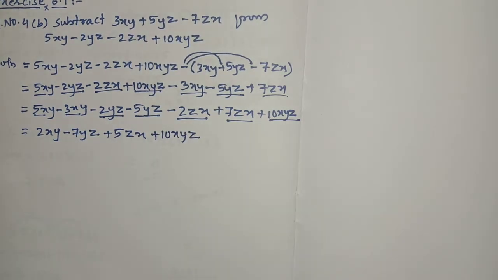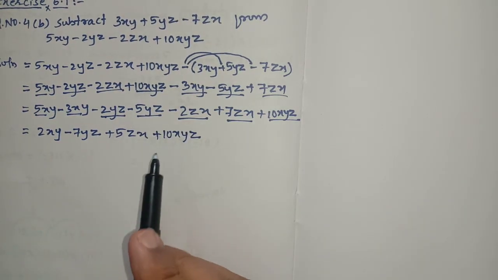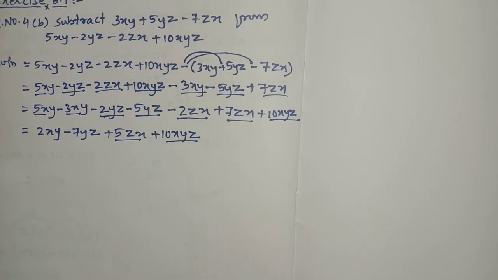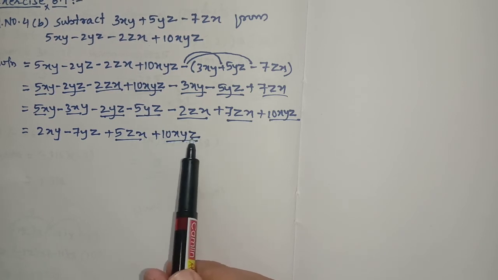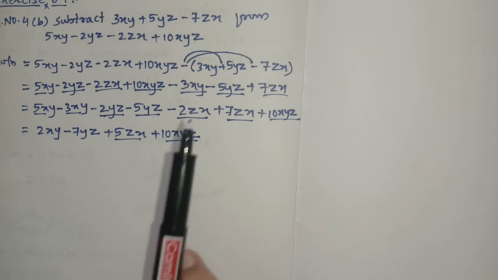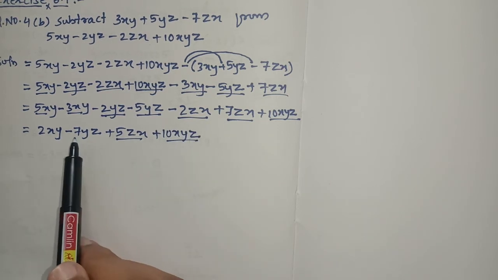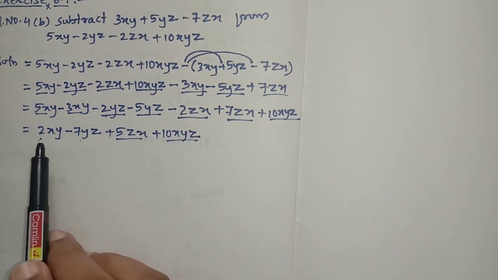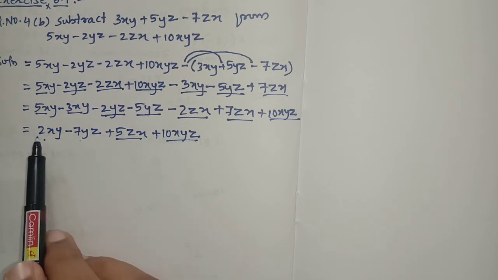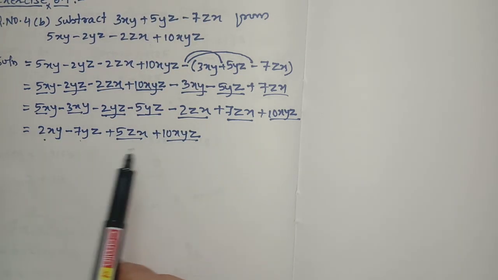Now student, one thing I want to tell here, can we add these two? Here it is 5zx and here it is 10xyz. So they are unlike terms. We cannot add it. Can we add these two? No. Can we add this one and this one? No. We cannot add this with any term.